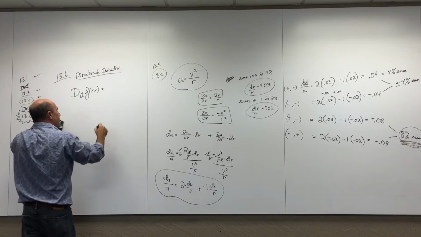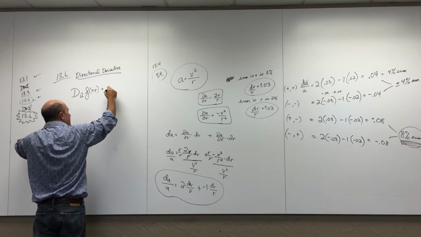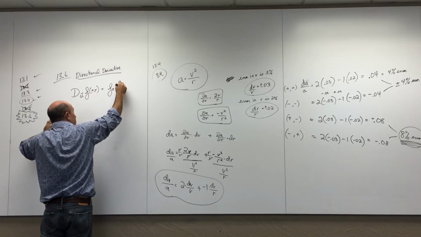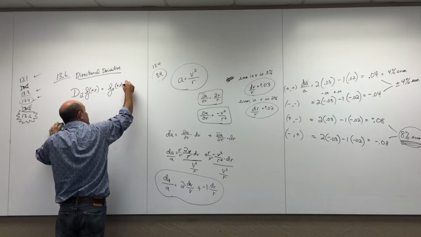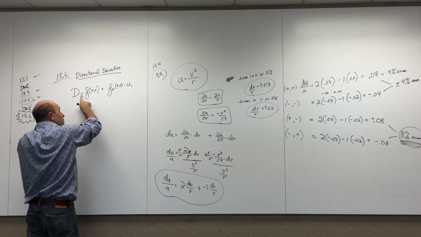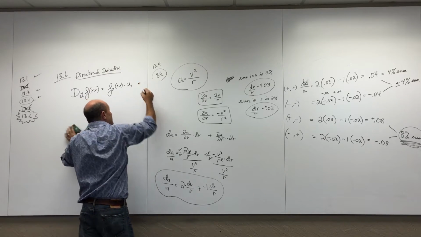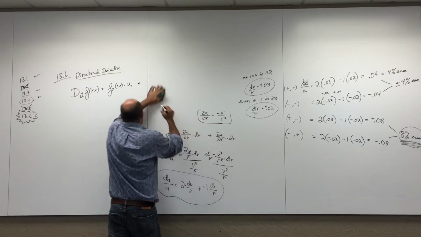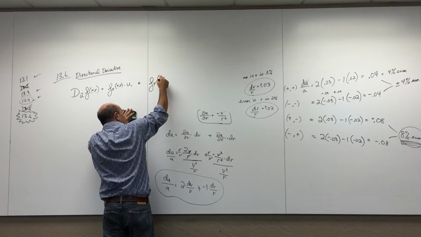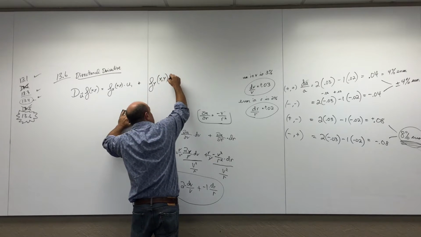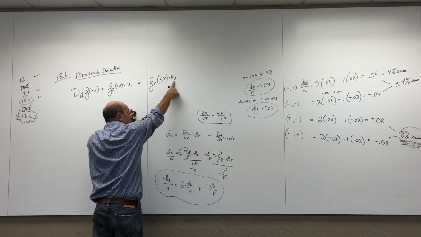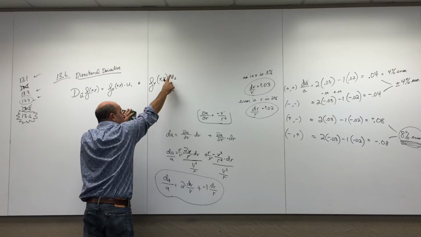The formula for that then is this. It's the partial derivative with respect to x at the point x, y, times the unit vector u1, which is the x component of the unit vector, plus the partial derivative with respect to y of the function times u2, the second component of the unit vector, or the component of the unit vector in the y direction.